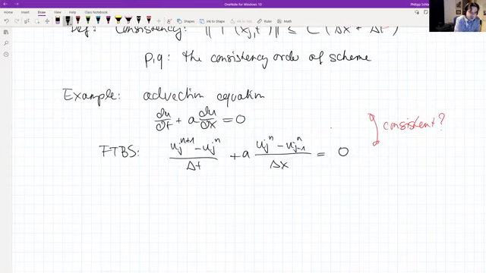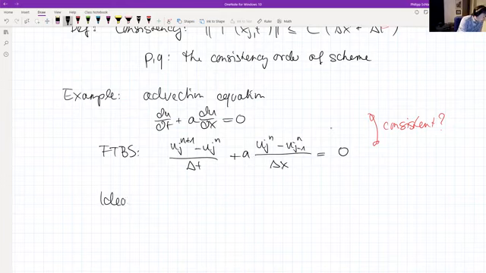Yeah, so how do we do that? Well, the way to do that is a little bit backwards in some sense. It's just using Taylor expansions, but now we do it the other way around. We're not putting it into the PDE to get a difference equation. We put the Taylor expansion back into the discretized equation, and we see whether we can recover the partial differential equation.